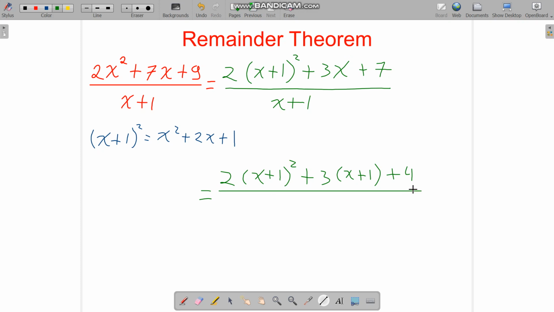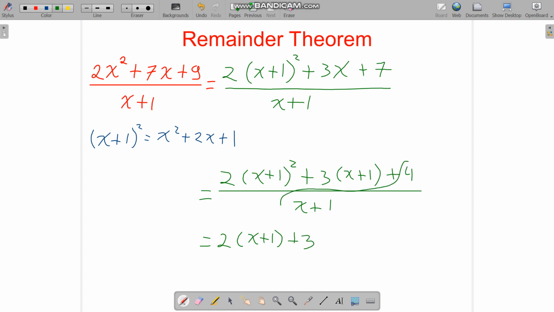If you expand everything in the numerator, you will get exactly the same expression here. So divided by x plus 1, of course, from this divided by x plus 1, we have 2 times x plus 1. And from this divided by x plus 1, we have 3.